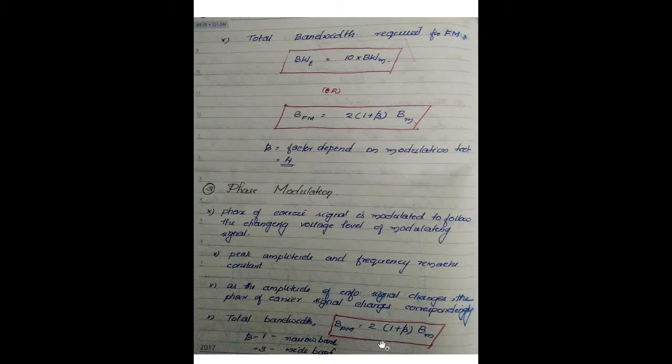Here also you have a formula: bandwidth of PM, phase modulation, is equal to 2 times (1 plus beta), where beta is the factor on the modulation, times BM. Beta equals 1 for narrow band. I have already taught what narrow band and wide band are.